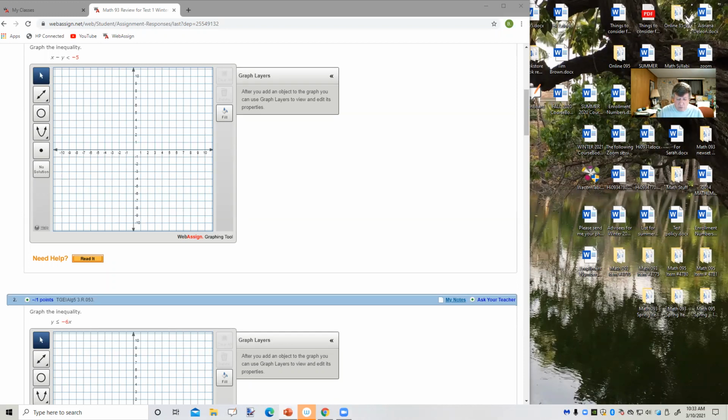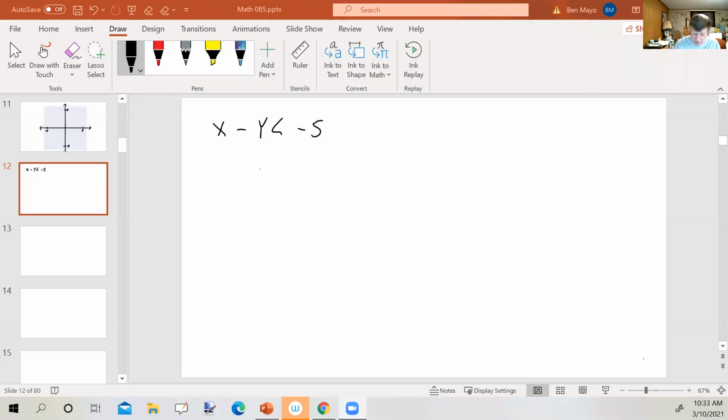I've already written that inequality on my whiteboard, so I'm going to go back there. I have x minus y less than -5. I'm going to consider the equation x minus y equals -5. Then I'm going to find a couple of ordered pairs. I'm going to go ahead and use the x and y intercepts. To find the x-intercept, set y equal to 0.